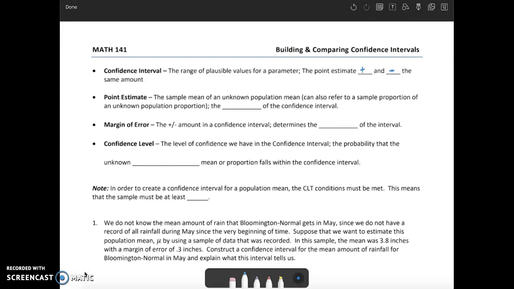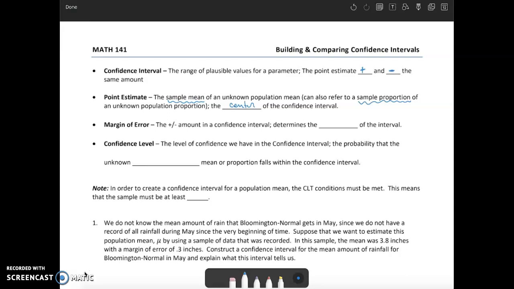When we say point estimate, what we mean is either the sample mean of an unknown population mean or a sample proportion. It is always the center of a confidence interval. So when we take this sample and we calculate either the sample mean or the sample proportion, that is how we build and create our confidence intervals.